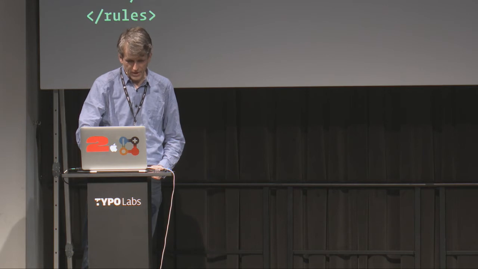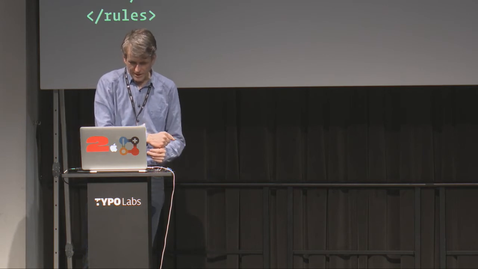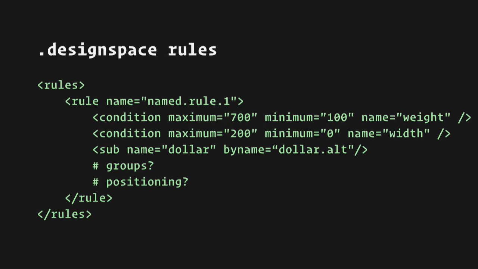This is what it looks like. Rules elements collect everything. A single rule has a bunch of conditions. So if our location is between a maximum of 700 and a minimum of 100, suppose we're at 500, that condition is true on the weight axis.